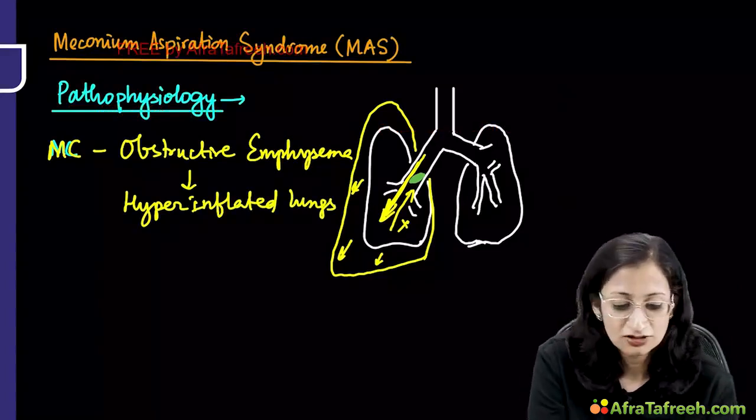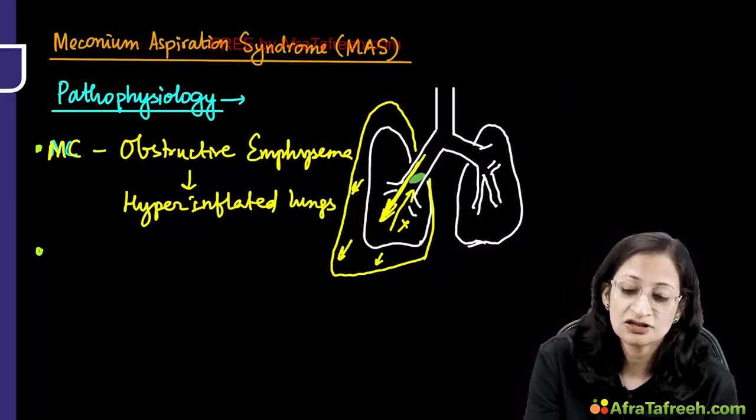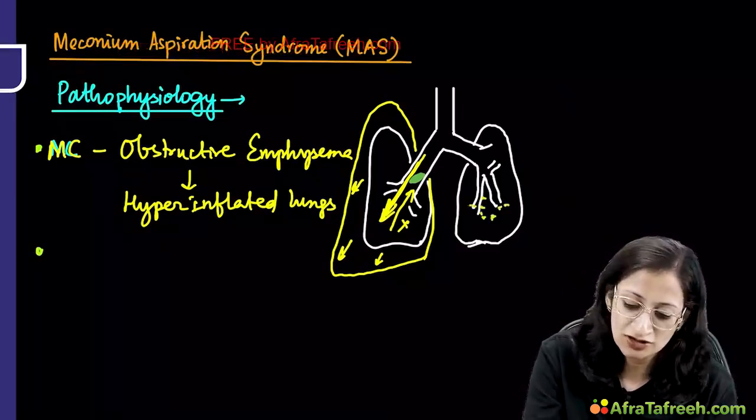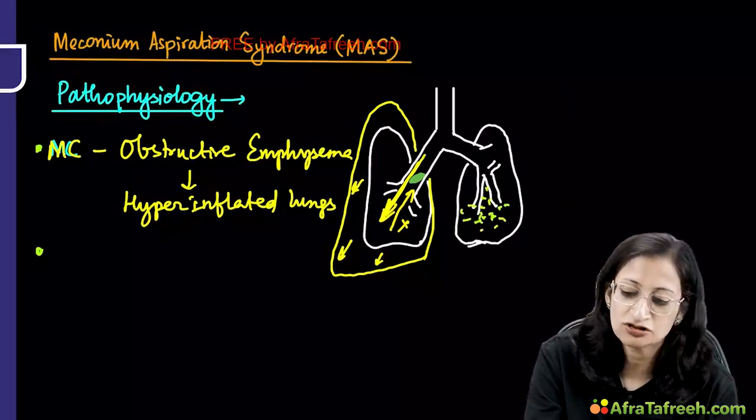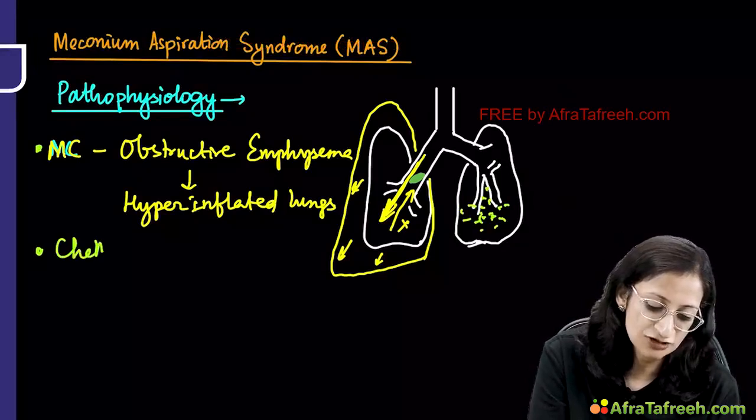Apart from that, meconium is a sterile substance, but there are a lot of chemicals like bile salts, amniotic fluid, and mucus in the meconium, which can cause irritation of the alveolar lining, and you can get chemical pneumonitis, so heterogeneous pulmonary infiltrates can be there.